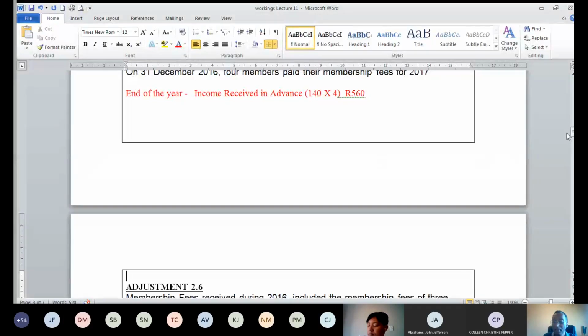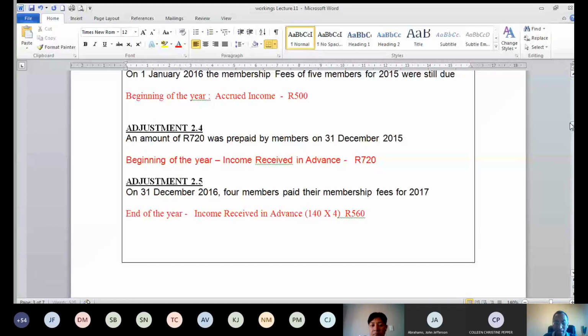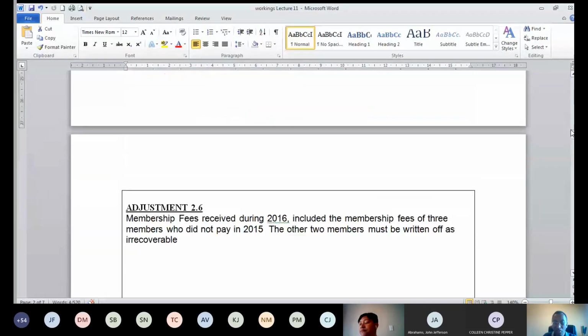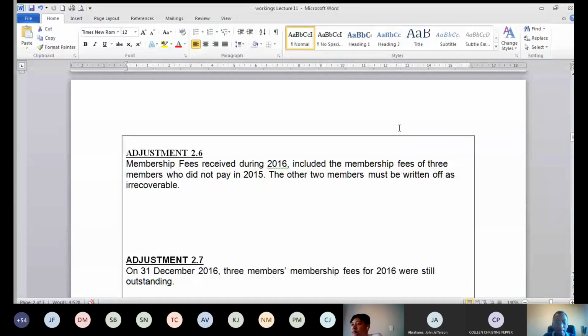That is the income received in advance at the end of the year. As you can see here, guys, I distinguish between the beginning of the financial year, and then I will have the end of the financial year. Just going through all the information that will pertain to our membership fees.